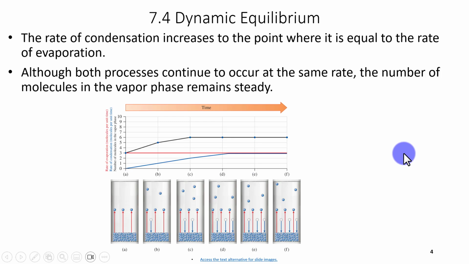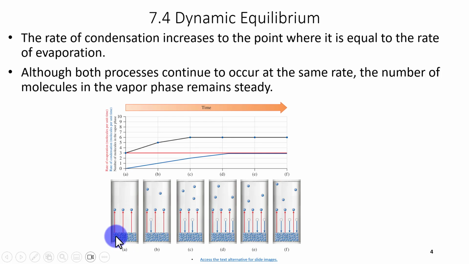Now, what is happening molecularly as I put a liquid without any gas in a flask and then observe what happens over time with that particular liquid? Well, at first, I don't have any gaseous particles in that container because I just put the liquid in there.